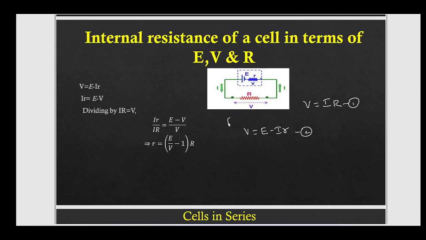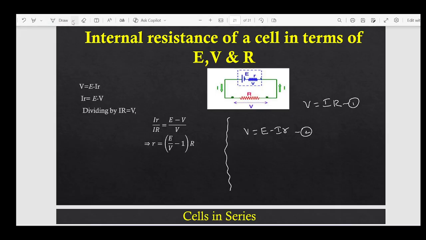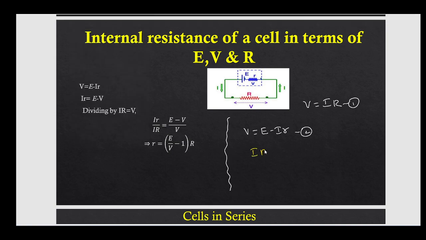From equation 1 and 2, we can get IR is equal to E minus Ir, where this is small r. So IR plus Ir is equal to E. So I is equal to E divided by R plus r.